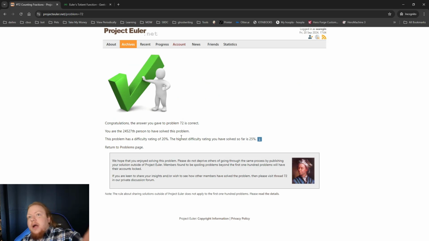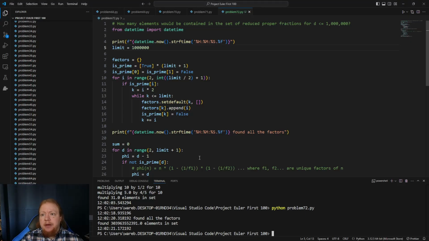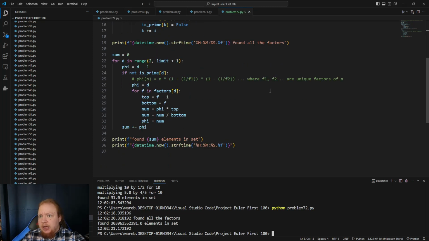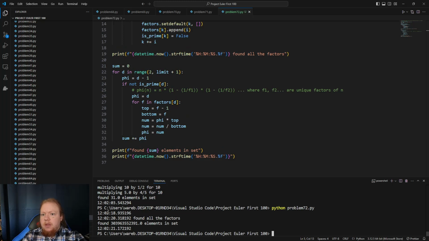So I wasn't incorrect about my general approach of find the phi's, but I was incorrect about my specific approach of how to find phi, or how to find the result of that quotient thing. Okay, so got the correct answer. The program runs in just over 2 seconds, really. Either way, way under a minute.